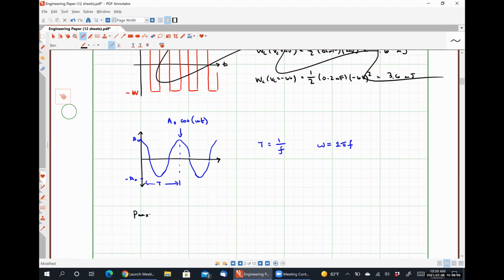P max in this case will then be 1/2 times 0.2 millifarads times 8 volts squared, which will be 6.4 millijoules.